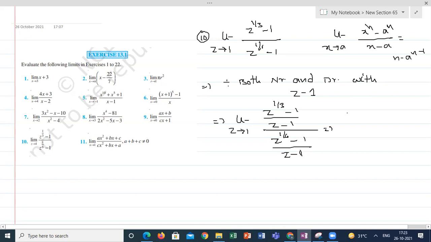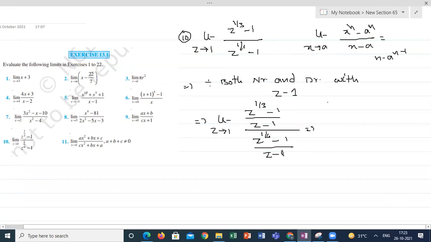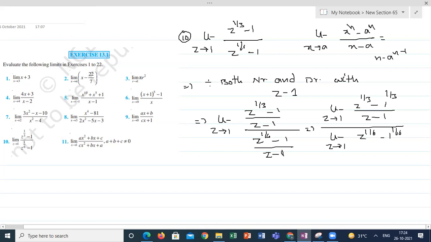Writing the limits separately: limit z tends to 1, z power 1 by 3 minus 1 power 1 by 3 divided by z minus 1, divided by limit z tends to 1, z power 1 by 6 minus 1 power 1 by 6 divided by z minus 1. In the numerator n is 1 by 3 and a is 1, so 1 by 3 into 1 power 1 by 3 minus 1, divided by 1 by 6 into 1 power 1 by 6 minus 1.